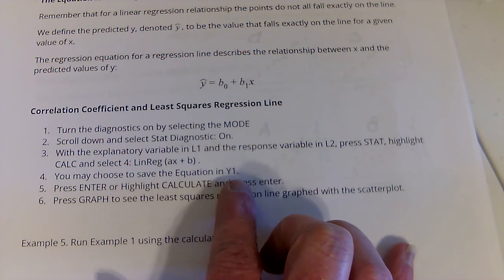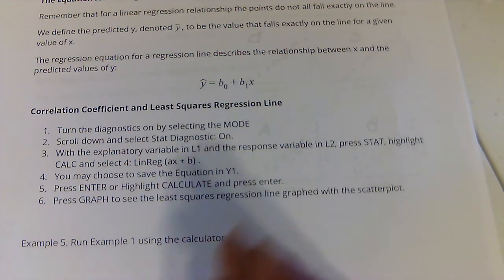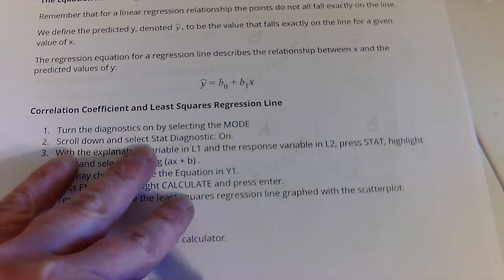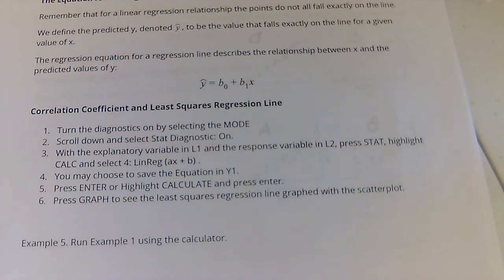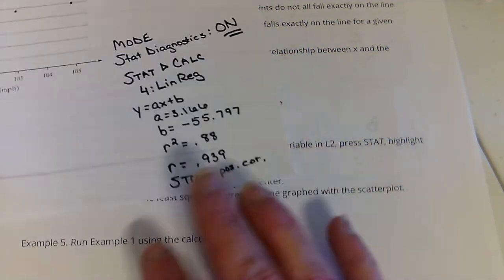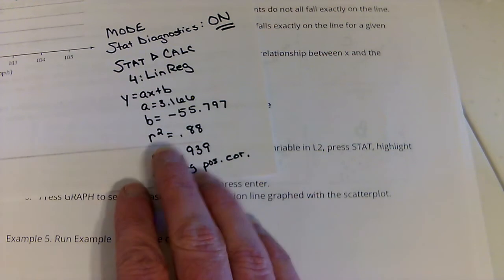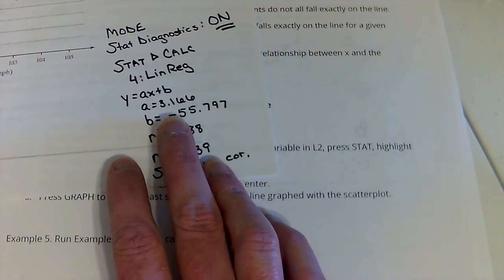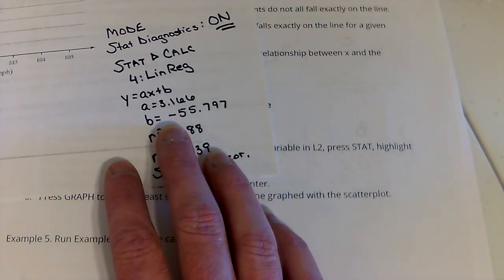You can actually save the equation in y1 if you wanted to, and if you did that, you could see it on your scatter plot and see how close it fits. But we'd already done that before in the last lesson.